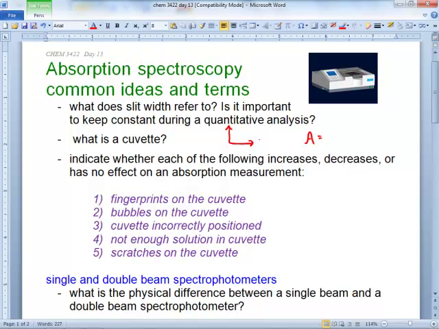Aren't you just trying to get one wavelength? If you're going to do a quantitative analysis, you're making a calibration curve. Absorbance is your signal, plotted versus concentration of your analyte. If you change the slit width, that has nothing to do with the concentration of the analyte.